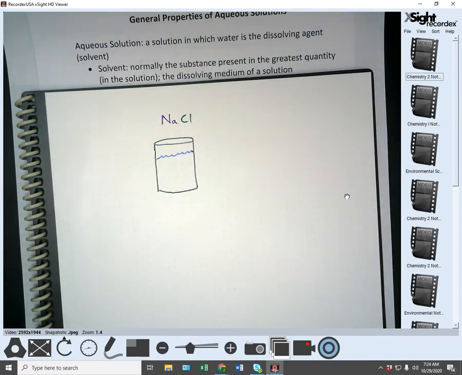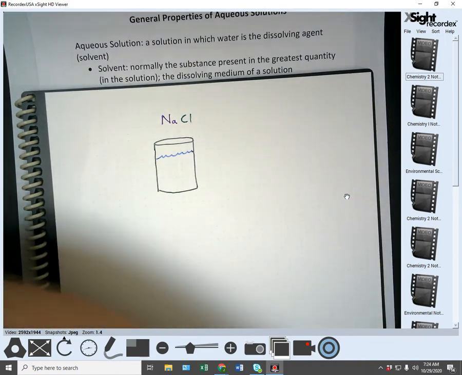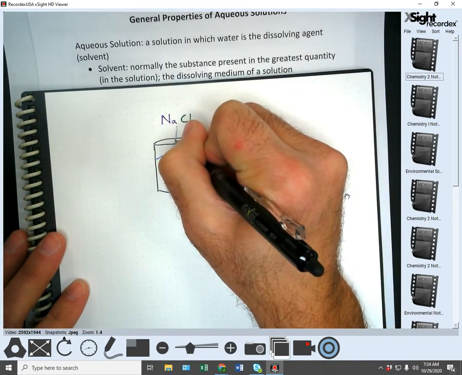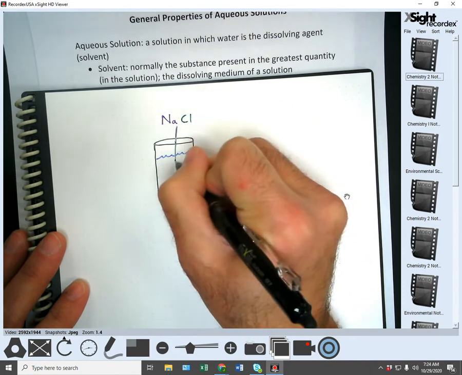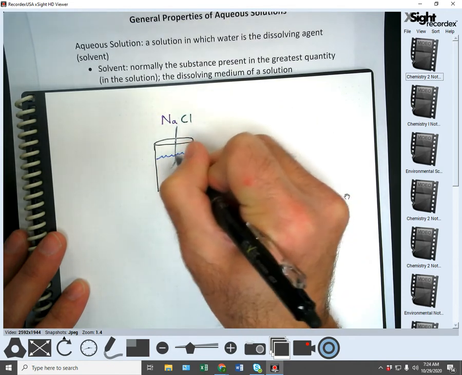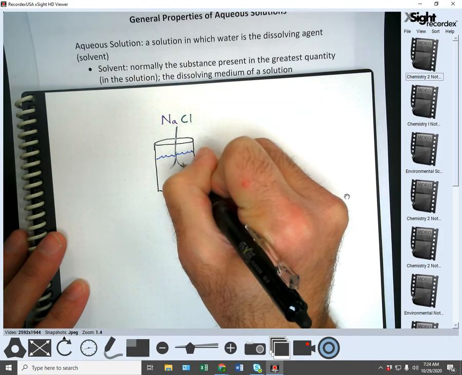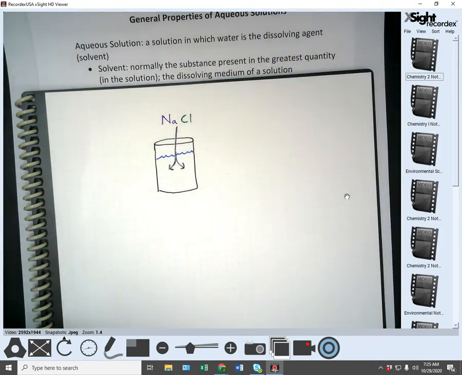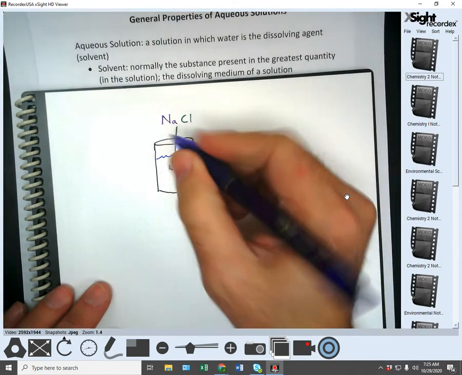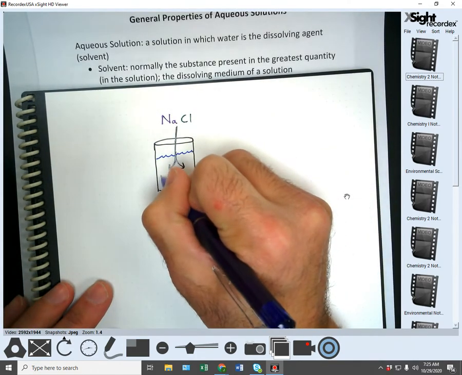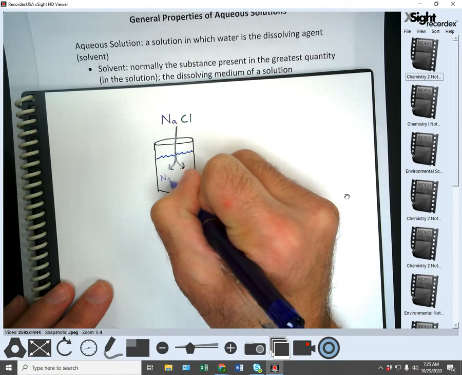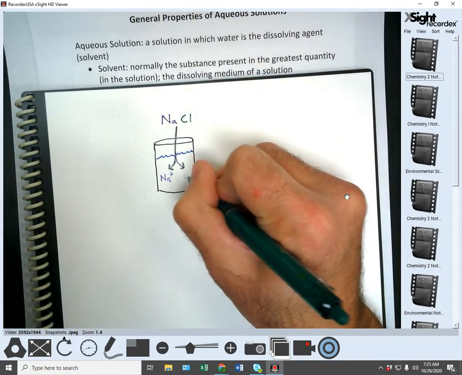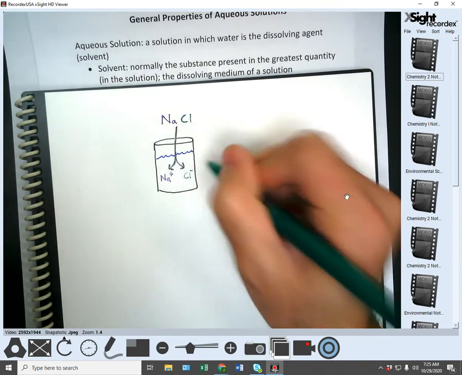You put it into a beaker of water, and what happens is it dissociates in the water, and you get the subsequent ions, Na plus 1 and Cl negative 1.